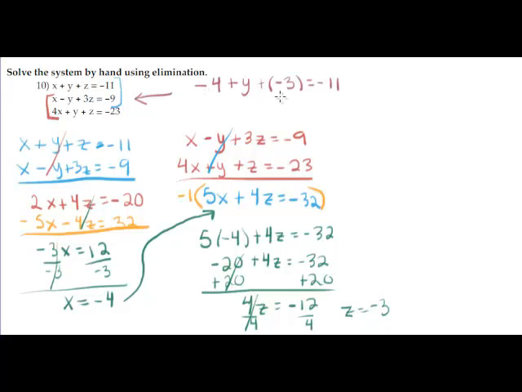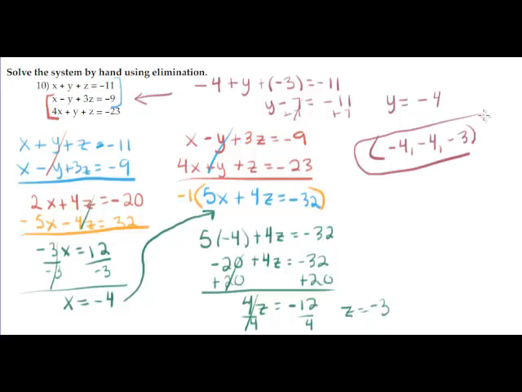So negative 4 plus a negative 3 is negative 7. Then I can add 7 to both sides. And I get y equals negative 4. So my point, x, y, z, is negative 4, negative 4, negative 3.